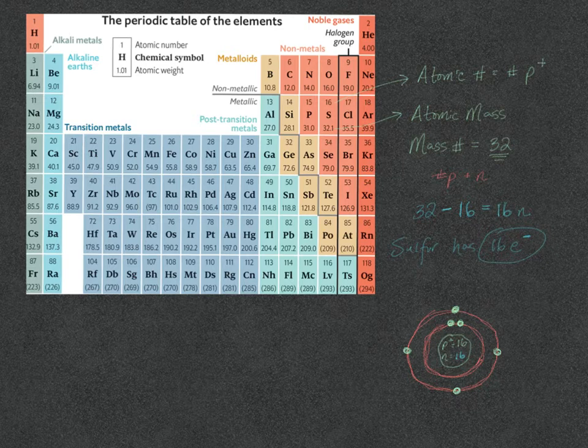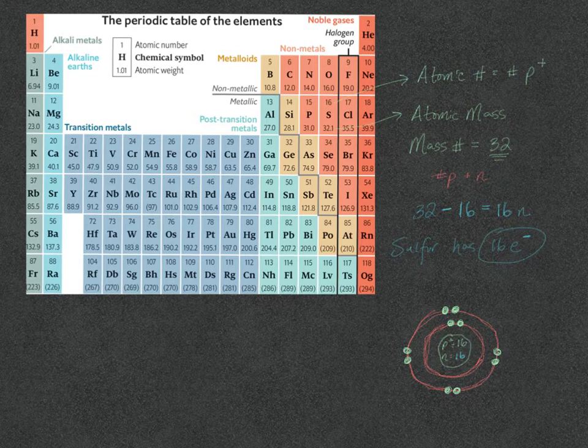But again, the second orbital can hold 8 electrons. So we'll go back to 12 and add another, another here, another here, and another here. Now if we're counting, we have 10 of the 16 electrons.